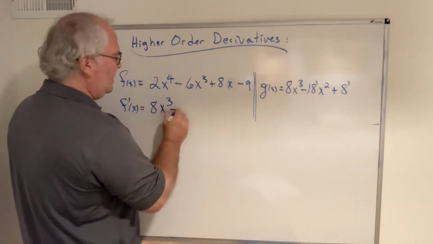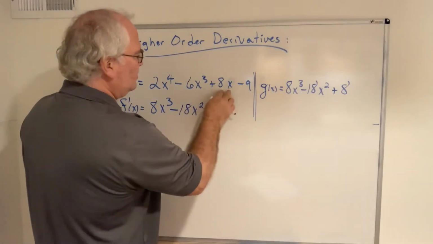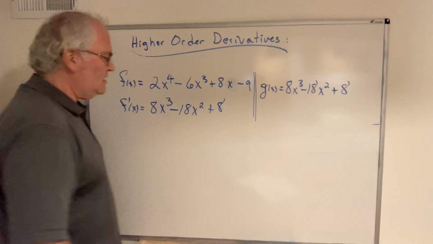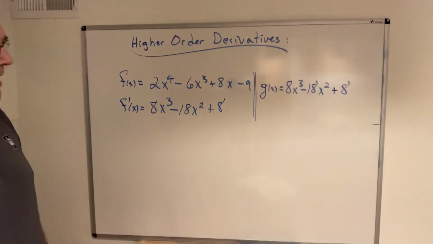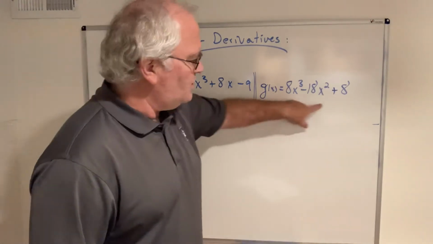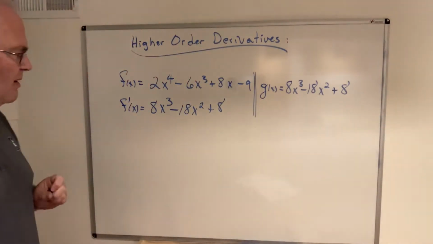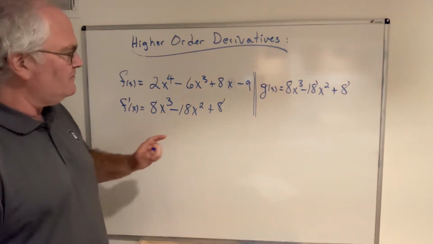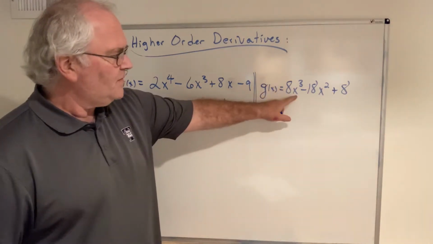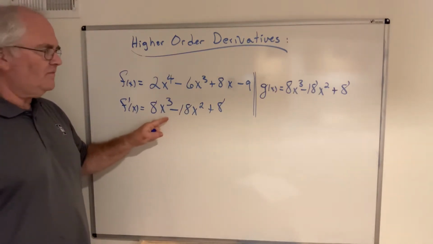And then we got, what is that? Negative 6 times 3 is 18, x to the second, and the derivative of 8x is 8, and that's all there is to it. And then you can say, okay, well, now I'm feeling so good about myself, I'm now going to go compute the derivative of that little polynomial, and then just one little pause makes you realize, wait a minute, this is the answer I just got.